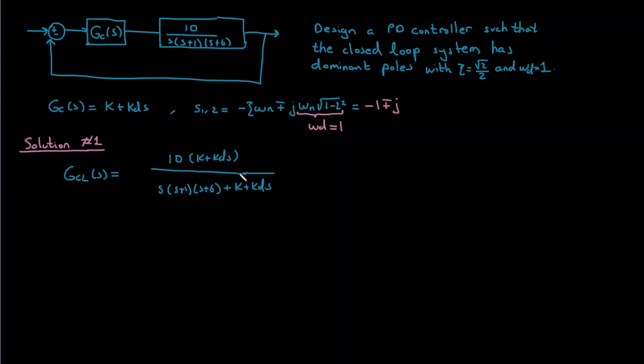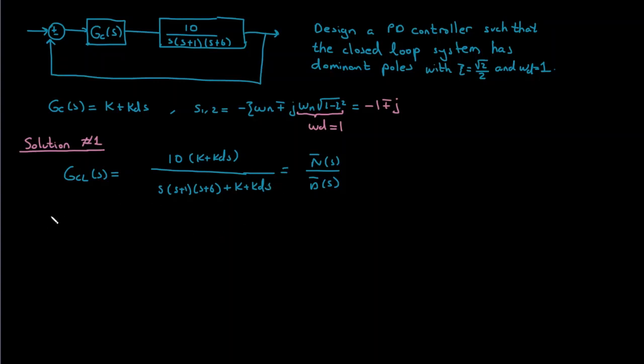So we're going to focus on the denominator of the closed-loop transfer function, and we want the dominant poles to be at -1 plus j. So we can do it quite simply, I should say. So I will write this as, say, N bar of s divided by D bar of s. Okay, and I will focus on the roots of D bar of s.